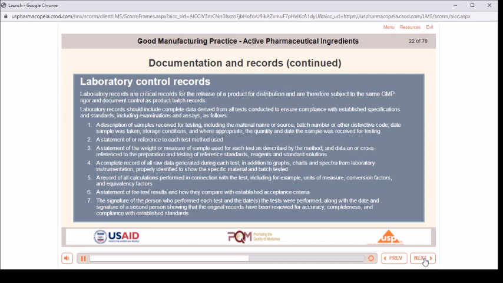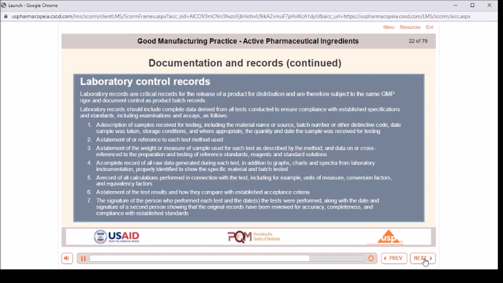4. A complete record of all raw data generated during each test, in addition to graphs, charts, and spectra from laboratory instrumentation properly identified to show the specific material and batch tested. 5. A record of all calculations performed in connection with the test, including, for example, units of measure, conversion factors, and equivalency factors. 6.